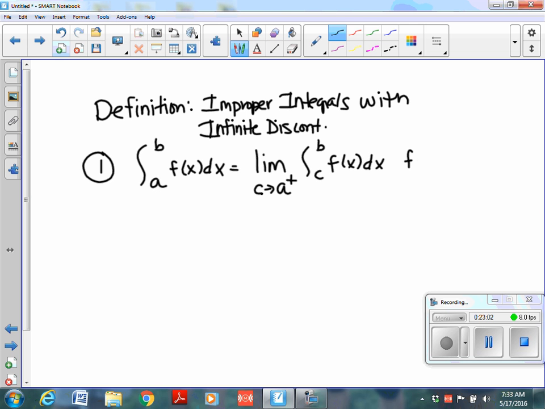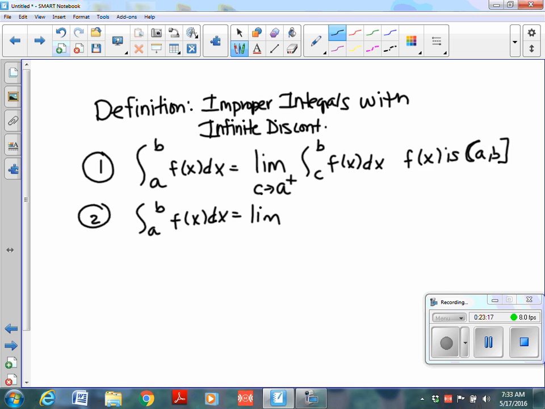Then f of x is continuous from a to b. The second rule, if you're integrating from a to b, f of x dx, you need to do the limit as c approaches b from the left of a to c, f of x dx. Then f of x is continuous from a to b.